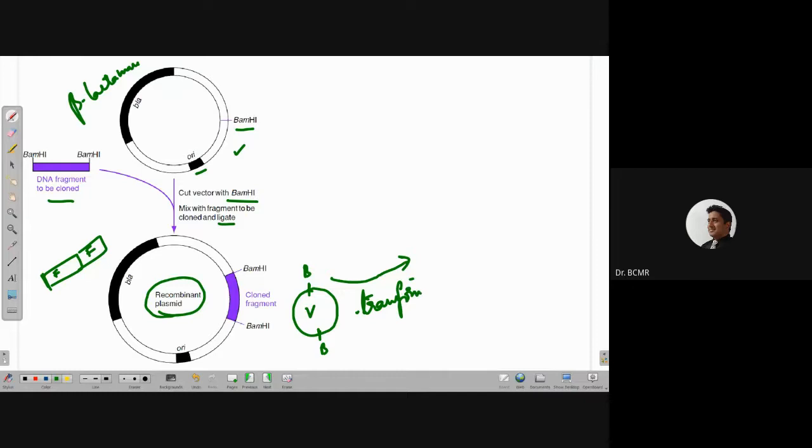We will perform transformation, which means that by using chemical methods, we can induce the bacterial E. coli to take up the DNA from outside. And say, for example, you will take about 1,000 E. coli cells, and you try to do transformation. Not all the cells will get the DNA. You can have different types. Majority of them do not get any DNA. Those you will call non-transformants.